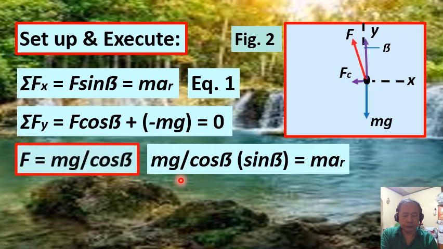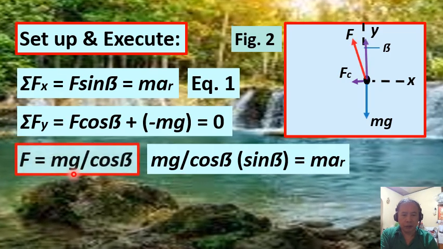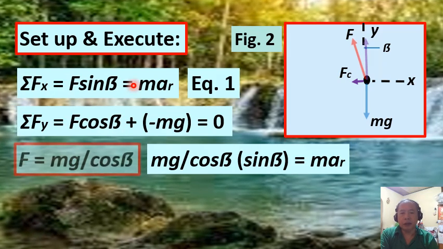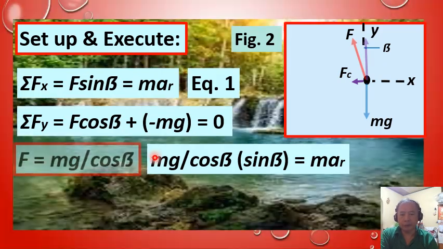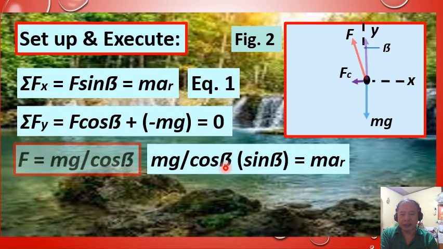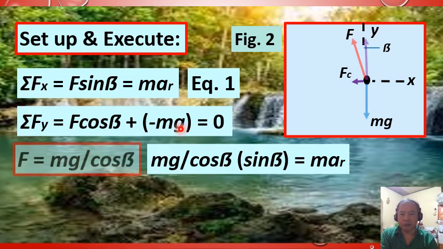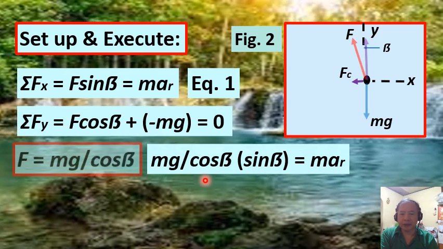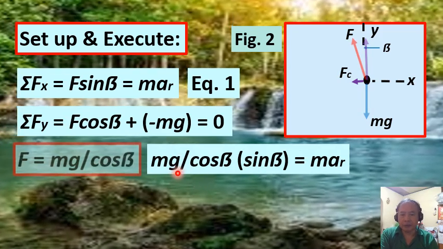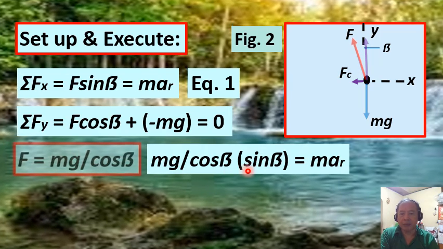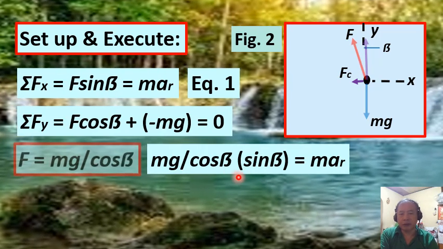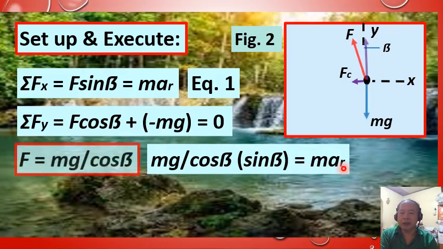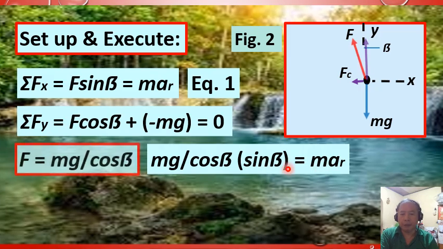So when we substitute this expression for the force F in equation 1, we will get this expression. F sine beta is expressed as mg divided by cosine of the angle beta times sine beta, of course. And that's equated to the product of the mass and the radial acceleration of the bob, right?